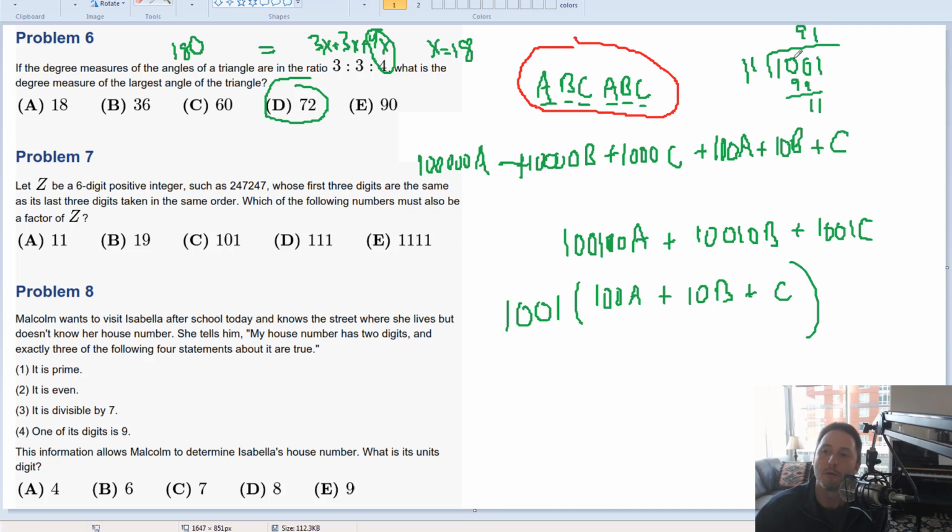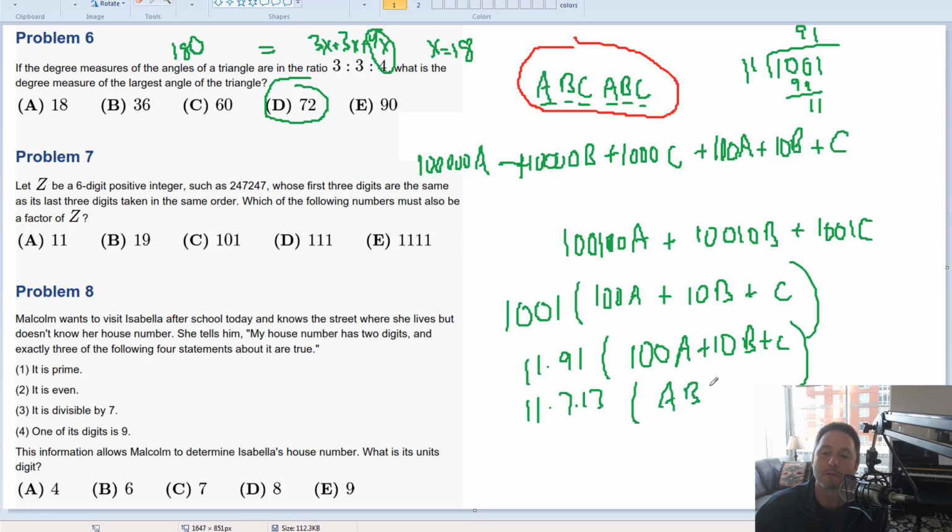It's 91 times 11. So this basically is 11 times 91 times 100A plus 10B plus C.